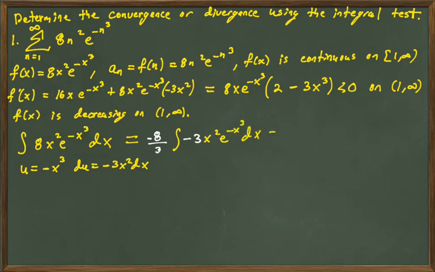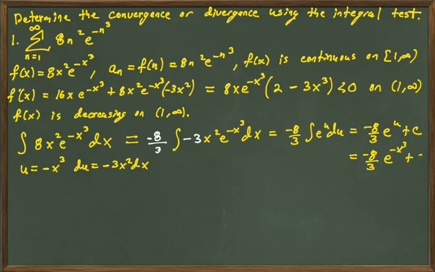So negative 3x squared dx is du, and negative x cubed is u. So this becomes negative 8/3 integral of e to the u du, which is negative 8/3 e to the u plus c. So it's going to be negative 8/3 e to the negative x cubed plus c.